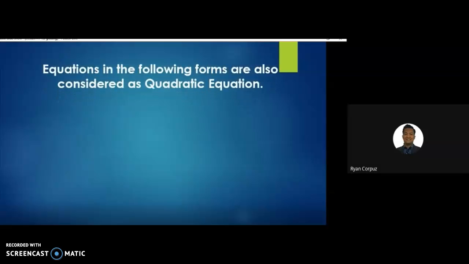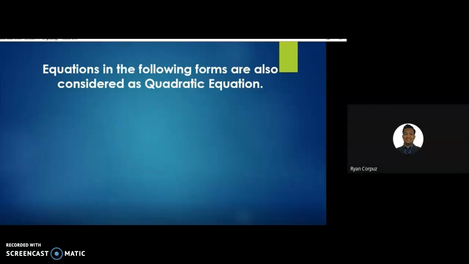Next, there are also equations in the following forms that are considered quadratic equations. It's not always that we can come up with a quadratic equation which has a quadratic term, linear term, and constant term. It's not always that we encounter a complete quadratic equation.